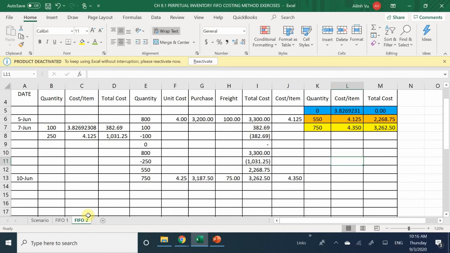What are your cost of goods? Go to your cost of goods sold for June 12th. Where am I going to be putting this? Oh, never mind, you just said that. 450. Good.